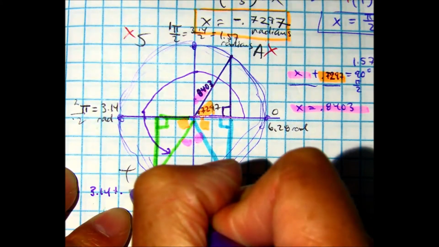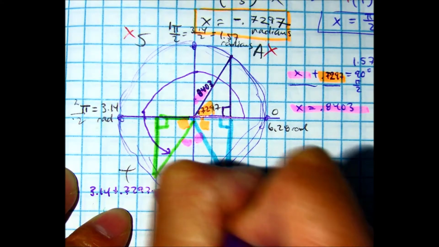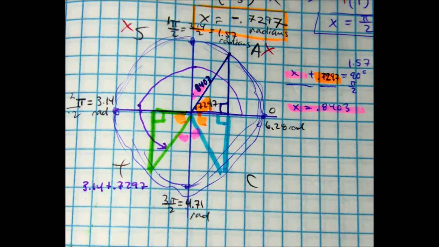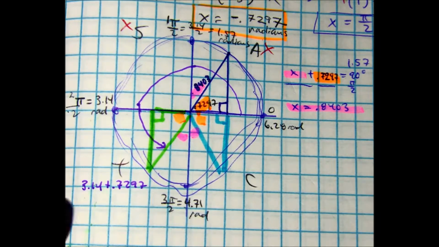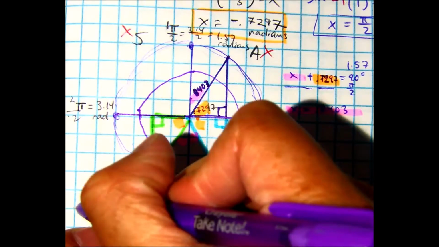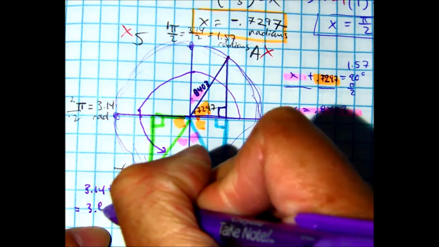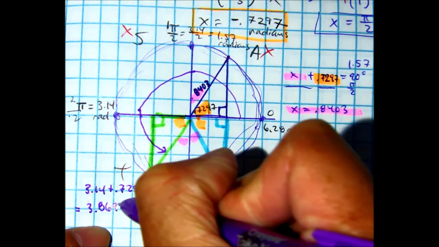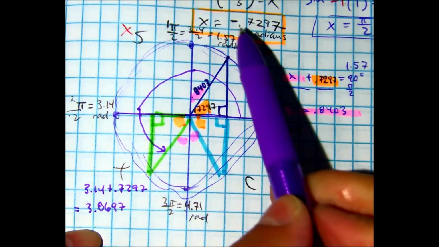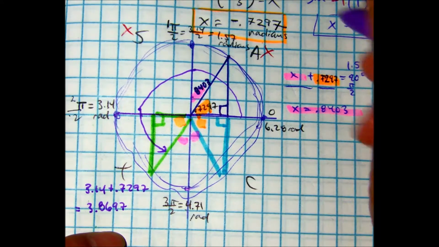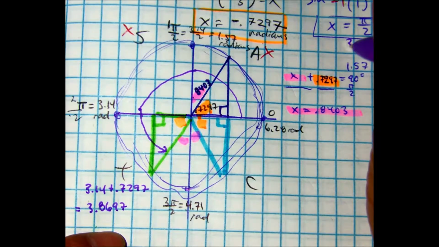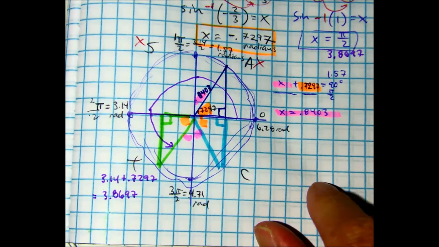Plus 0.7297. And that gives us 3.8697 radians. So the angle that I really wanted to find, x, our answer is put over here. 3.8697 radians. That's for the green triangle.